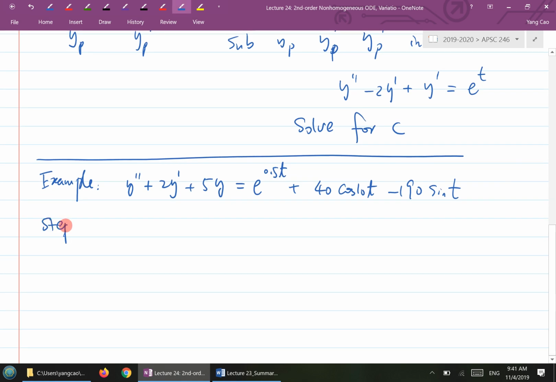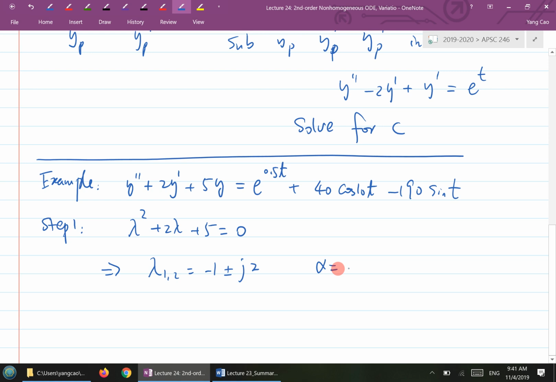Again, step 1 is to get the general solution for the homogeneous one. Characteristic equation: lambda squared plus 2 lambda plus 5, and then lambda turned out to be a pair of complex conjugate roots, -1 plus minus j2.